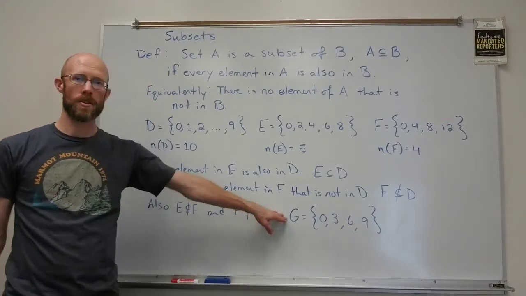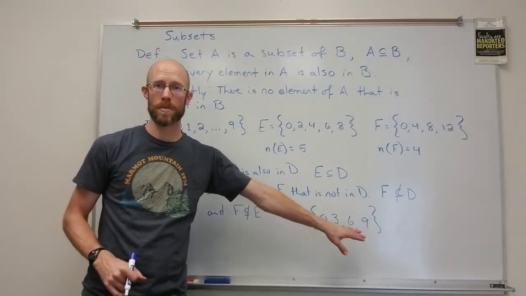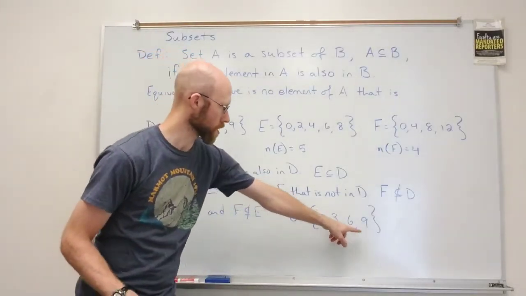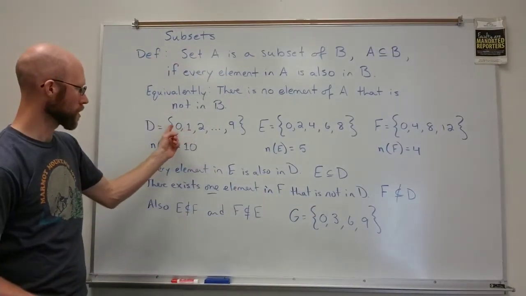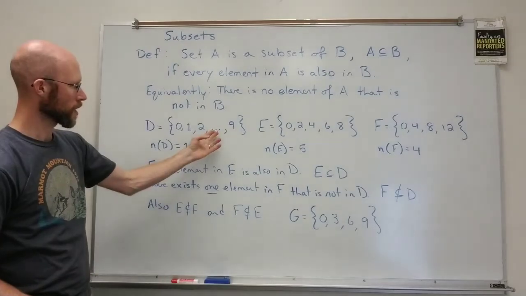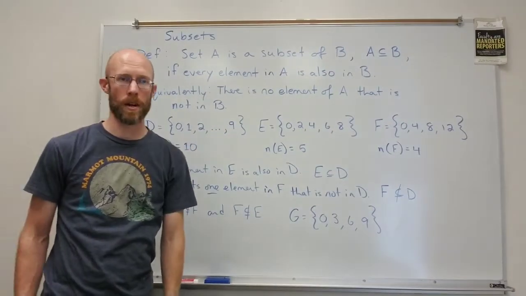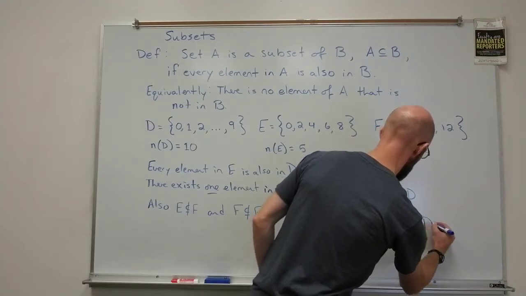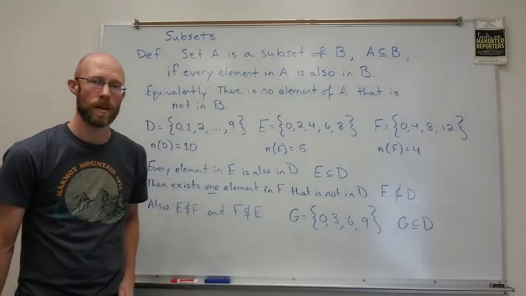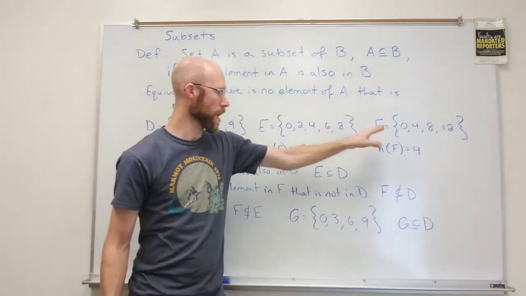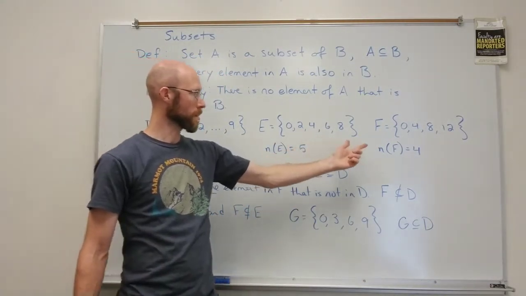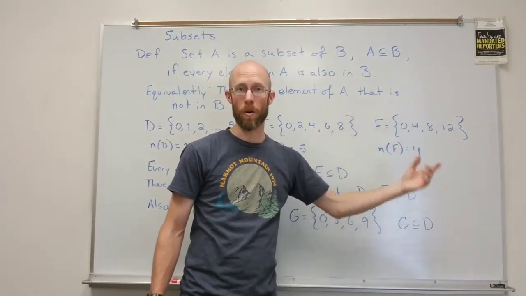In this case, G is a subset of D because 0, 3, 6, 9 are all digits in here. 0, then 3 and 6 in the ellipsis, and then 9. So we could say that G is a subset of D. Now G is not a subset of E or F because it contains 3 and 9, which are not elements of either E or F.